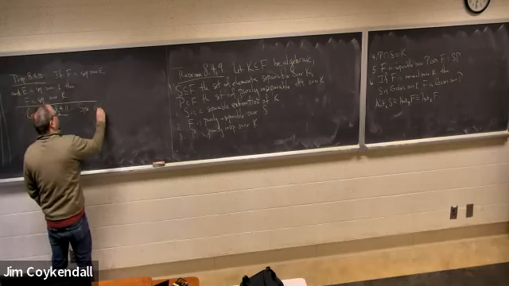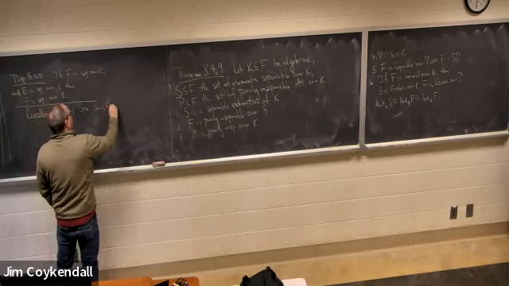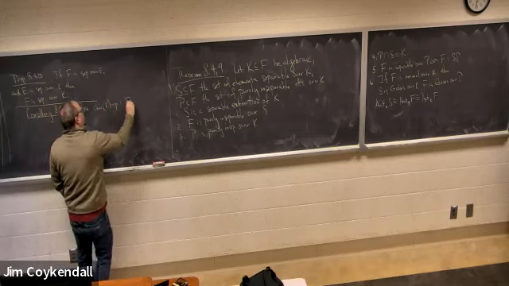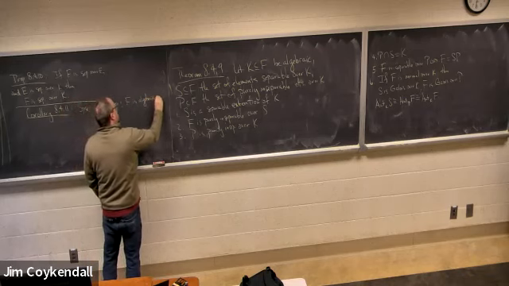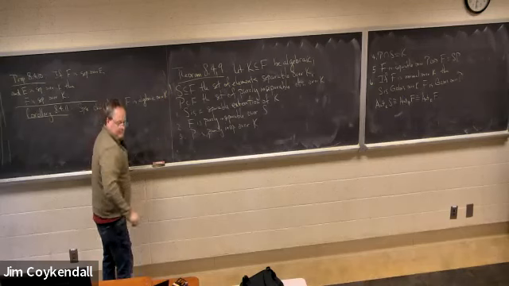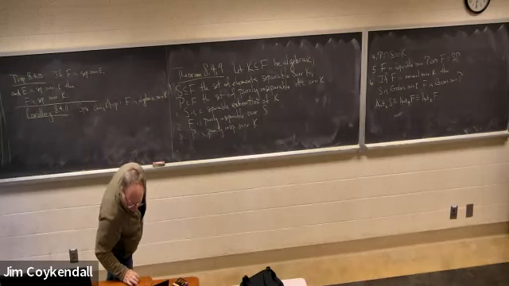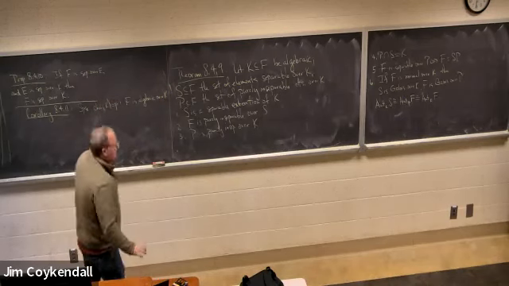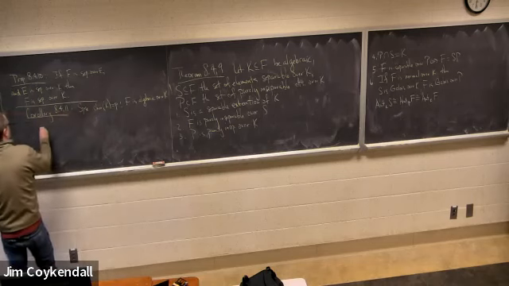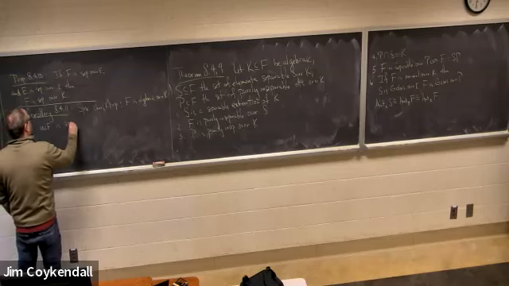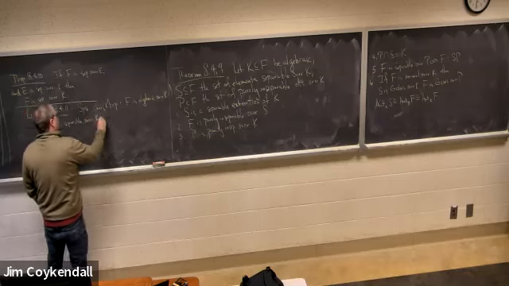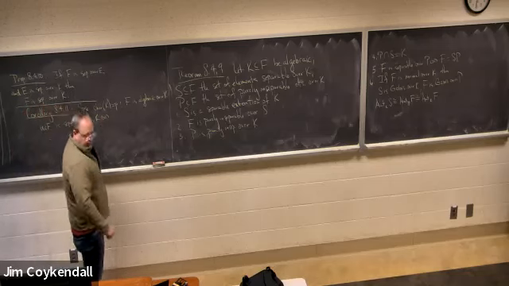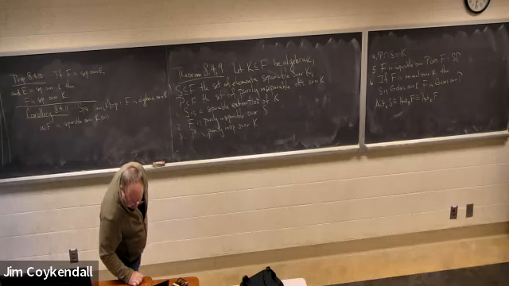Suppose the characteristic of K equals p and F is K adjoined alpha over K. Then F is separable over K if and only if, this is kind of a neat little result here.